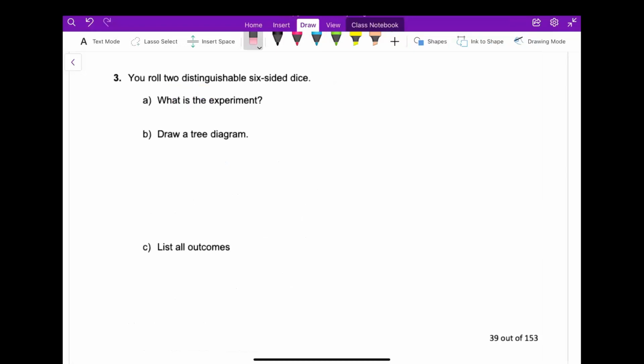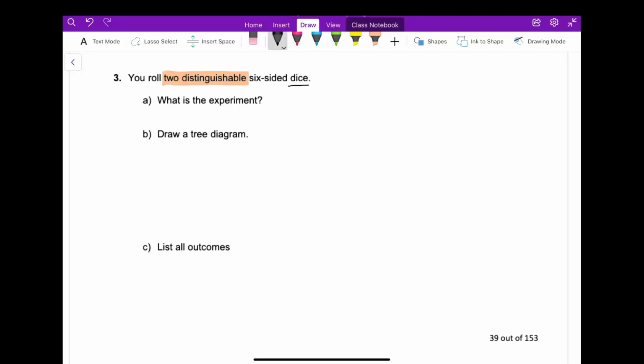Number 3, you roll 2 distinguishable six-sided dice. This is similar in experiment because we are still dealing with dice, but a major important thing is that it's 2 distinguishable. What is the experiment?